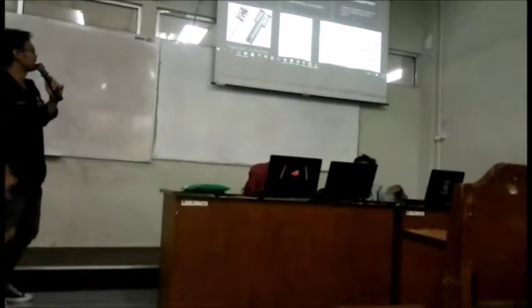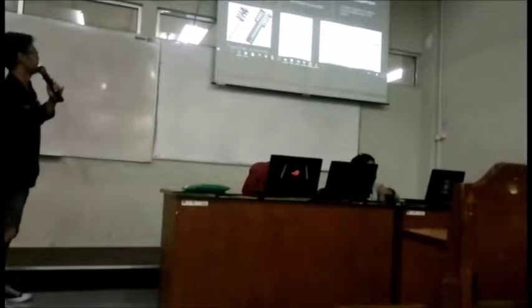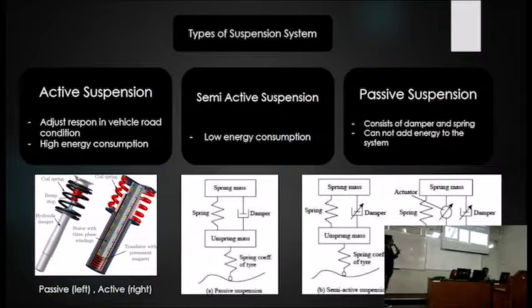Now, there are three types of suspension: active suspension, semi-active suspension, and passive suspension. I'll begin with the passive suspension. Passive suspension is the usual suspension that most people use.